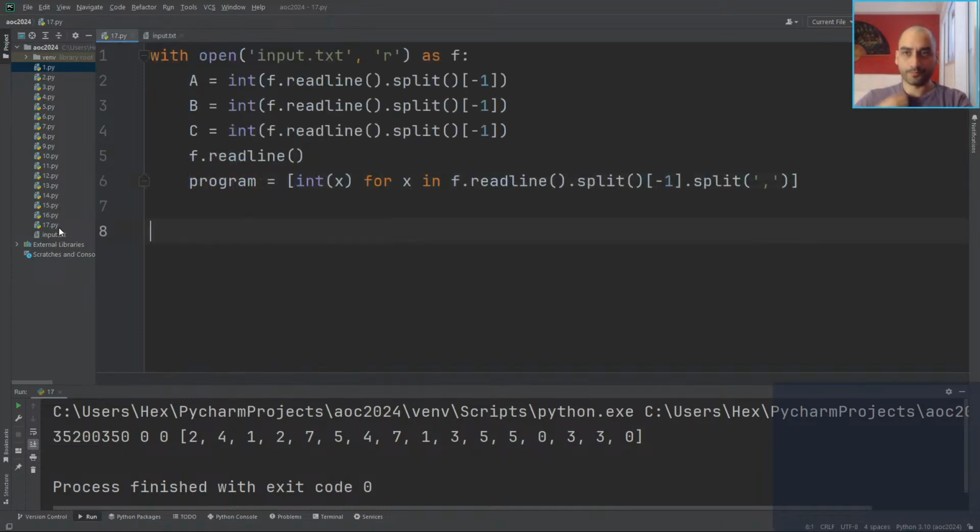So now we want, does anything affect the instruction pointer?